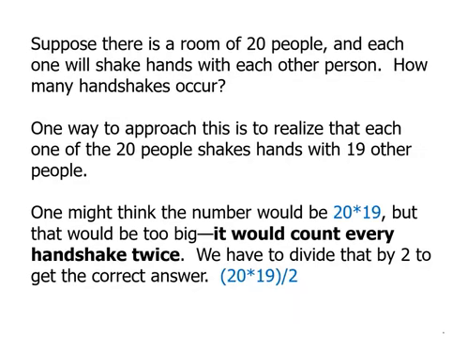It doesn't matter which person is the starting point in a handshake. Just two people are shaking hands. So 20 times 19 would count everything twice, once as one of my handshakes and once as one of Elliot's handshakes, and so that would overcount. We actually have to divide by 2 to get the correct answer. 20 times 19 divided by 2, and of course that's 10 times 19, which is 190.